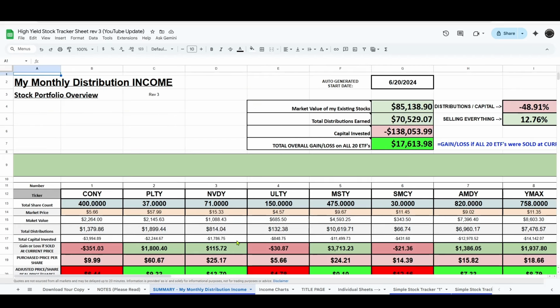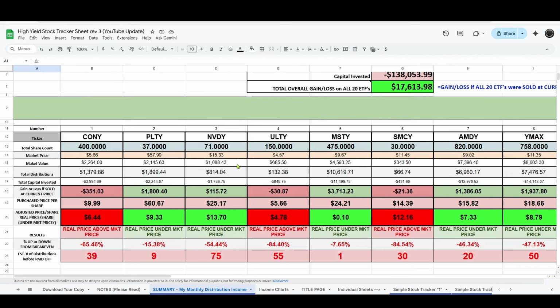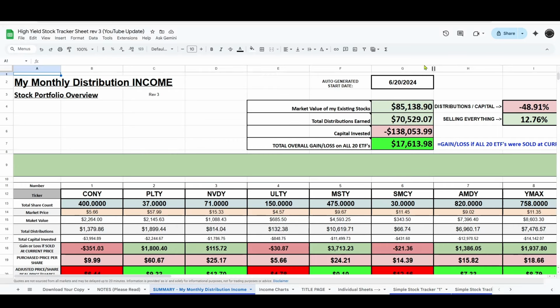But if we go back to our stock portfolio overview right here, you can see that is exactly what this does. It will auto-generate right here. You don't have to type in the start date. It will look through your sheets and find when you first started buying a share of whichever one you started off with, so it will start with that start date.